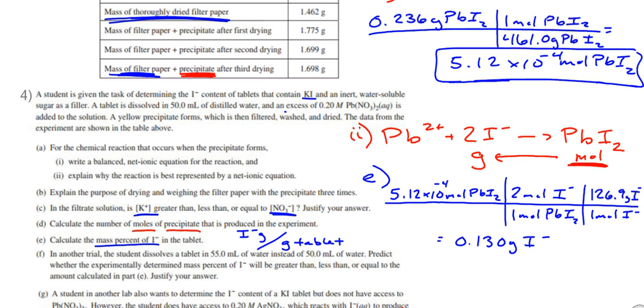So just by doing stoichiometry, right? I'm in moles of something, I have to do the mole ratio to get to the other species, I multiply by the molar mass, get back in the grams, and there is my grams of my I minus.